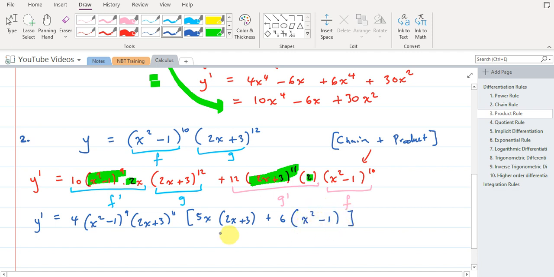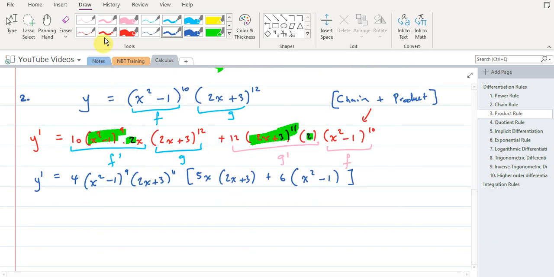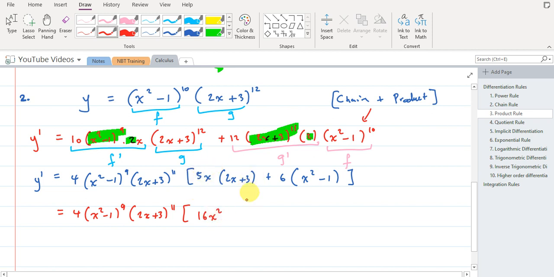And then you can see this inside here can simplify in a neater form. So you got 4 into x squared minus 1 to the power 9 into 2x plus 3 to the power 11 into, let's look for like terms here. So we are getting 10x squared plus 6x squared, which is 16x squared. 5 times 3 is 15x plus 15x, and then minus 6.